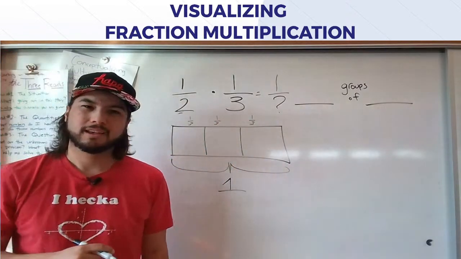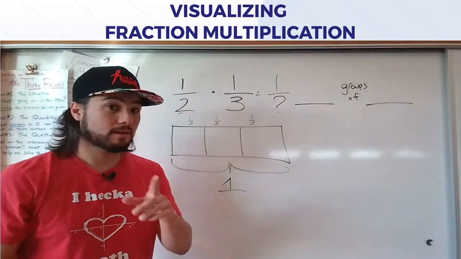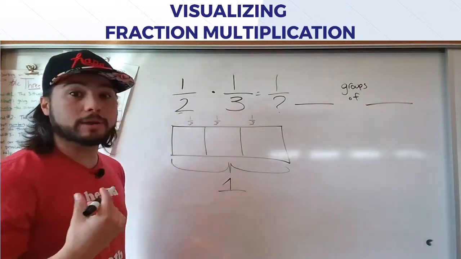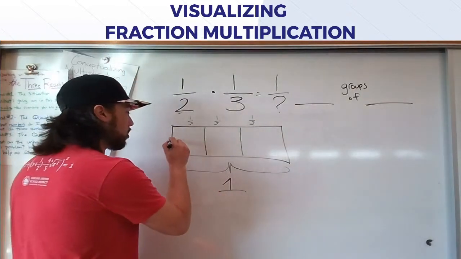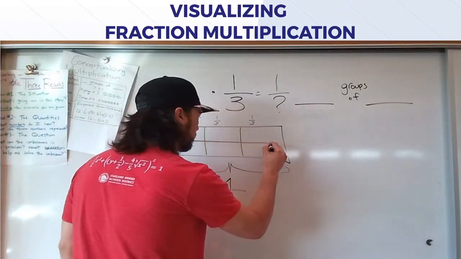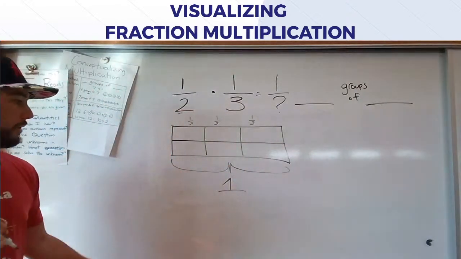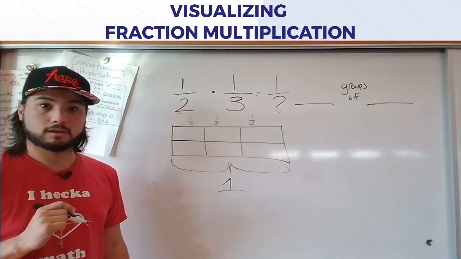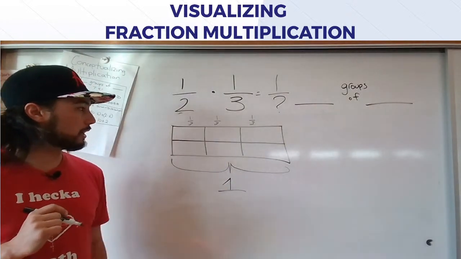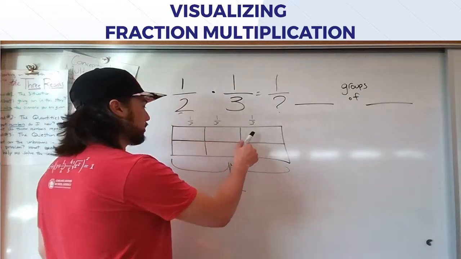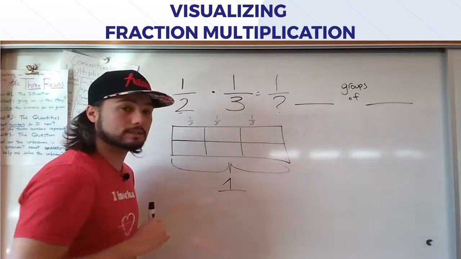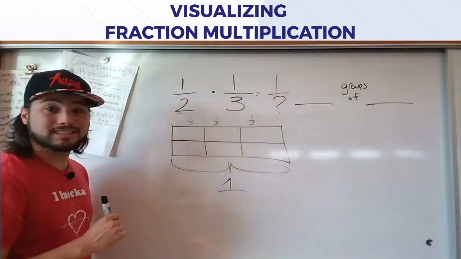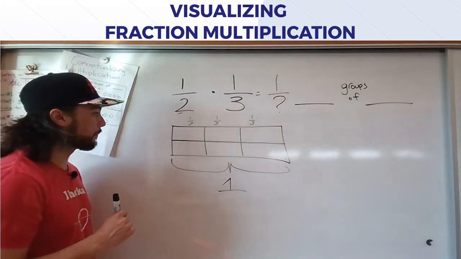Okay? Then now I'm going to cut this in half. And in order to know how many equal pieces I'm making, I'm going to cut all of them in half. So now in my 1, how many equal pieces have I divided this 1 into? 1, 2, 3, 4, 5, 6. So I know each one of these pieces is 1/6 of the whole.